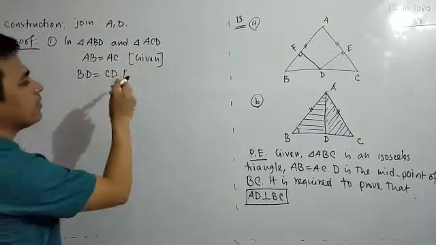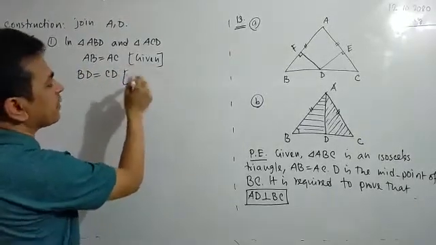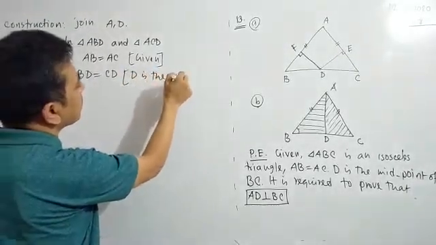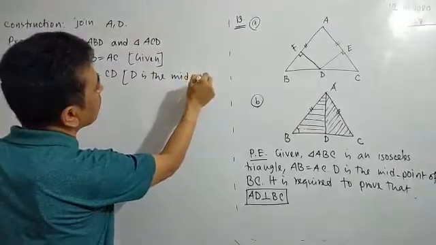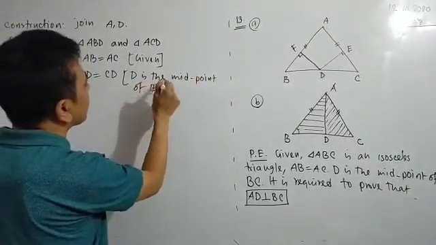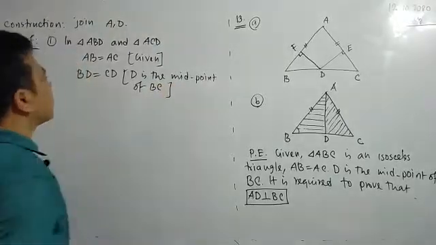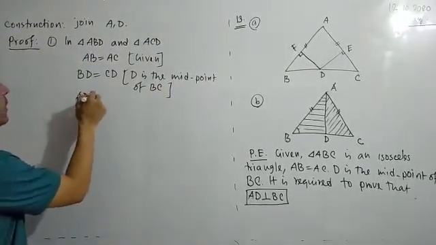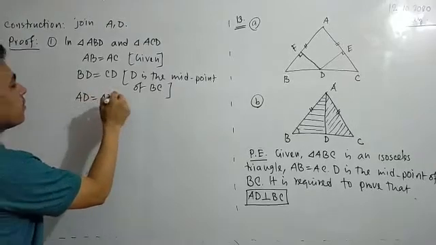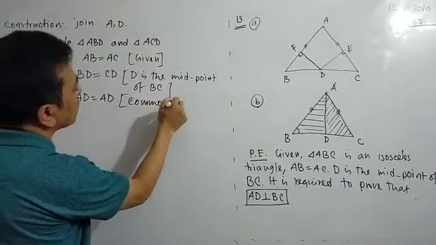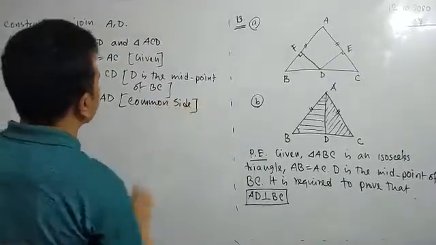Why can we write this? Because D is the midpoint of side BC. And AD equals AD is the common side.